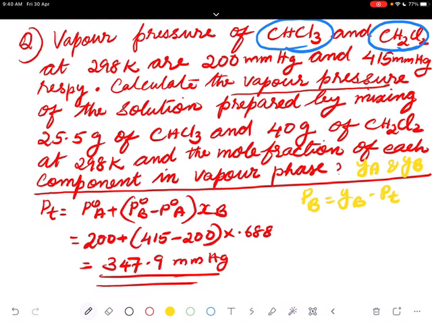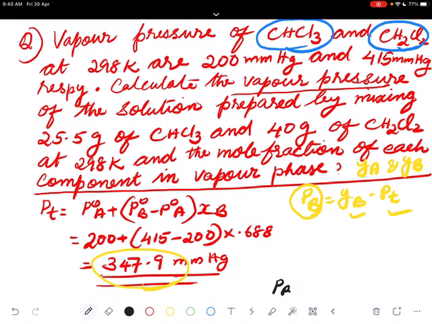P total we know, we have just calculated this P total. Yb we have to calculate. So we need Pb. Pb is equal to P naught B XB, that we know. So how can we calculate Pb?